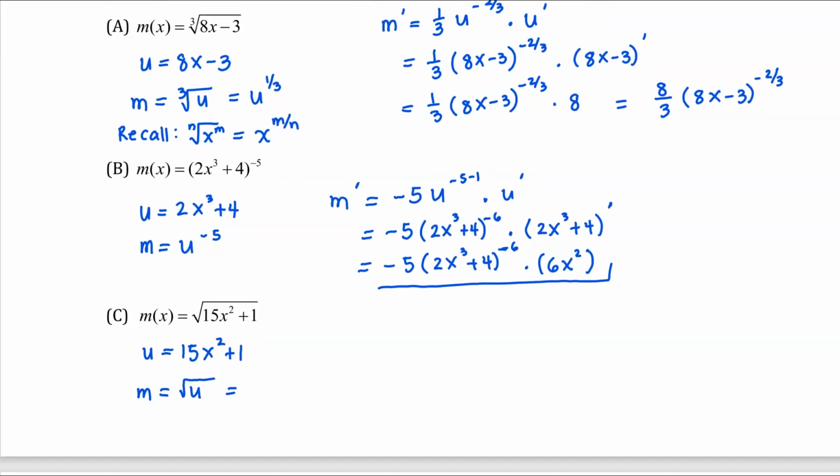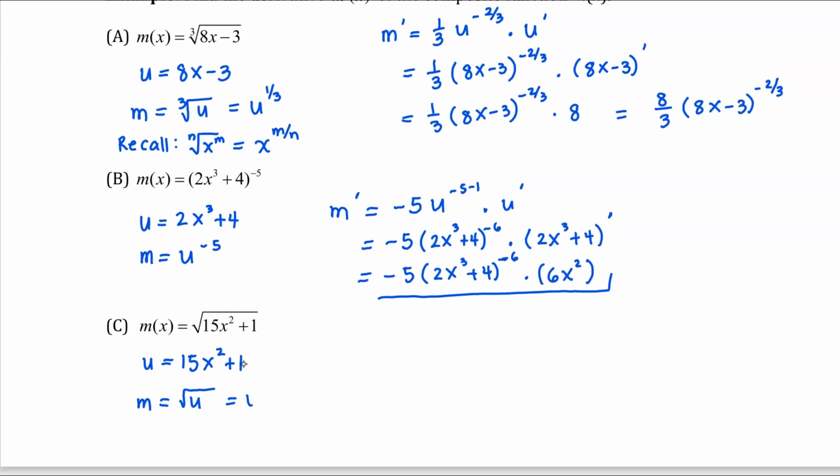This is equal to u to the 1/2 using the formula here. Then we can differentiate m. So m prime is equal to, you bring down 1/2. So you have 1/2 u to the, subtract 1 from 1/2, 1/2 minus 1, times the derivative of u.